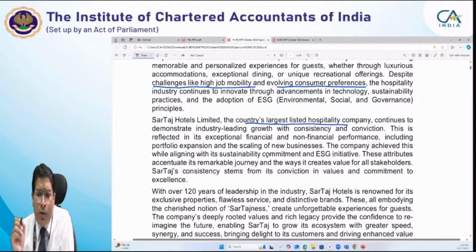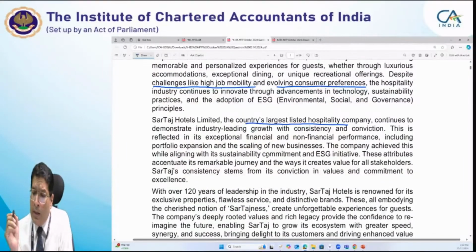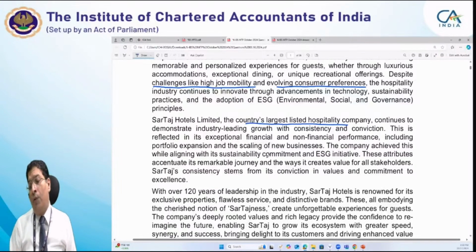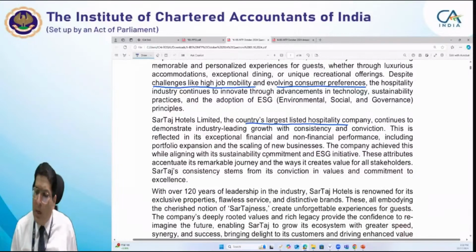Continues to demonstrate industry leading growth and consistency and conviction. This is reflected in its exceptional financial and non-financial performance, including portfolio expansion and scaling of new businesses. The company achieved this while aligning with the sustainability commitment and ESG initiative.